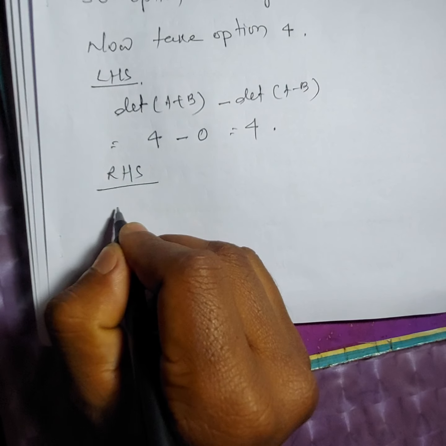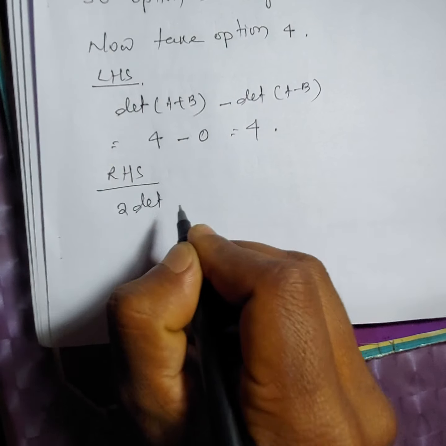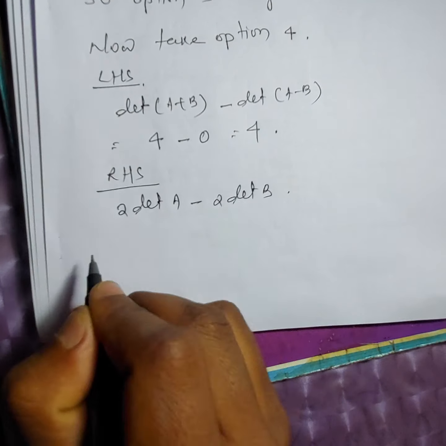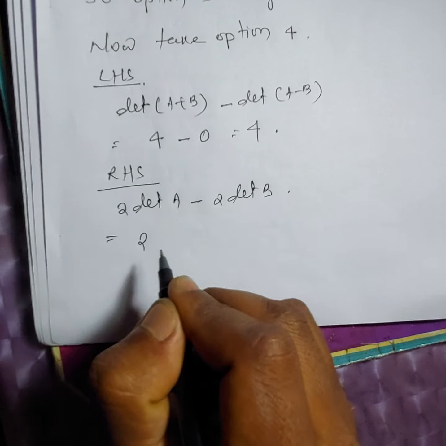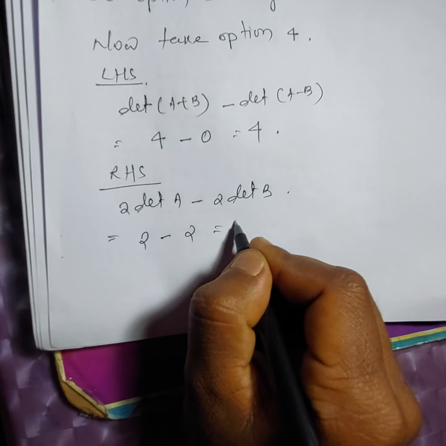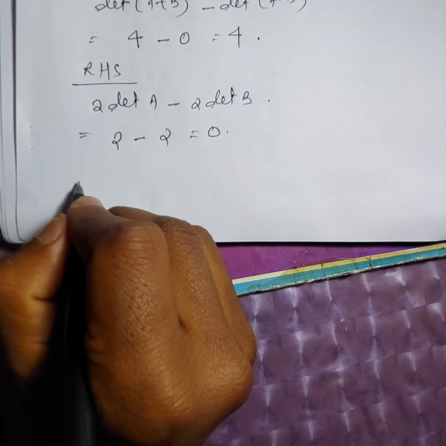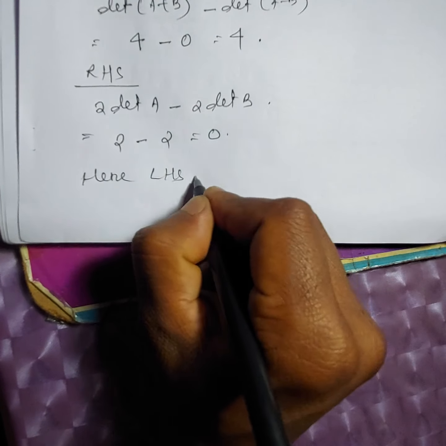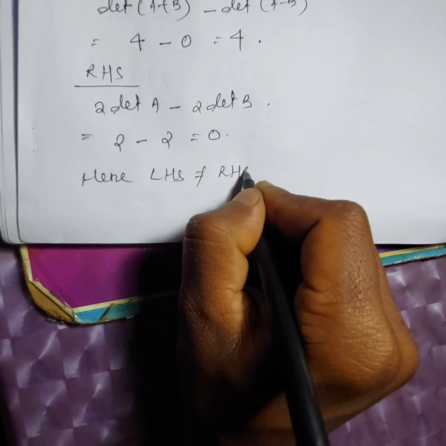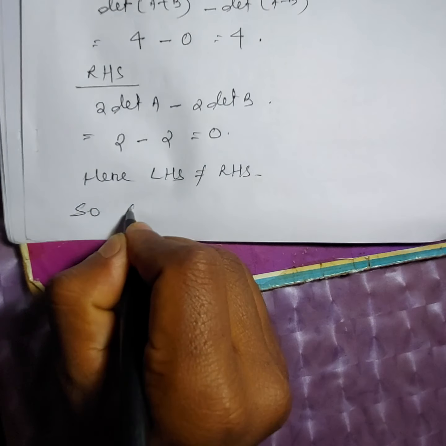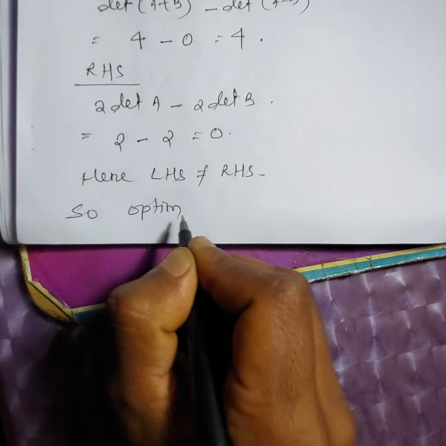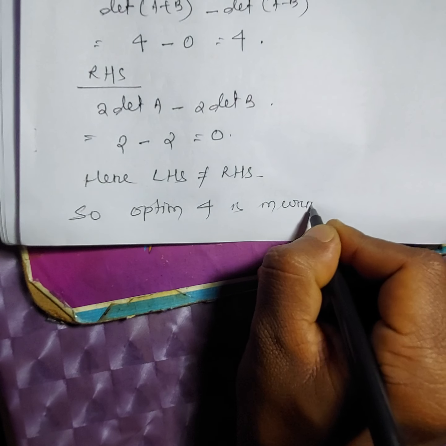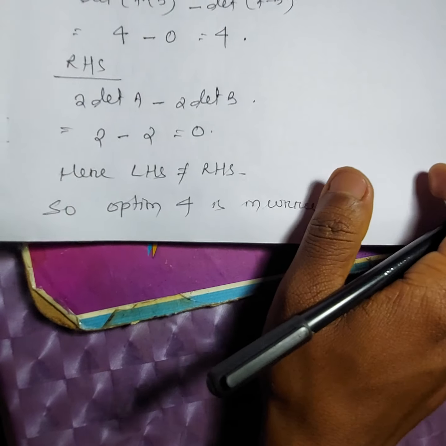RHS: 2 into determinant of A minus 2 into determinant of B, which is equal to 2 minus 2 is equal to 0. Here LHS not equal to RHS. So option 4 is incorrect.